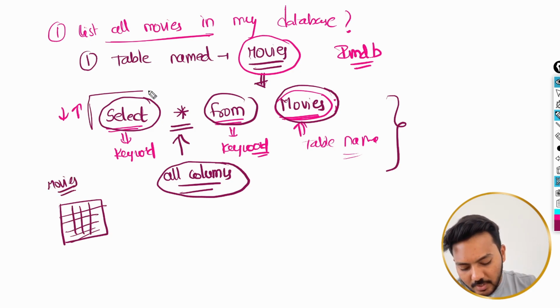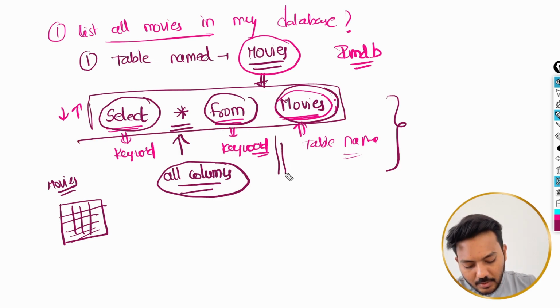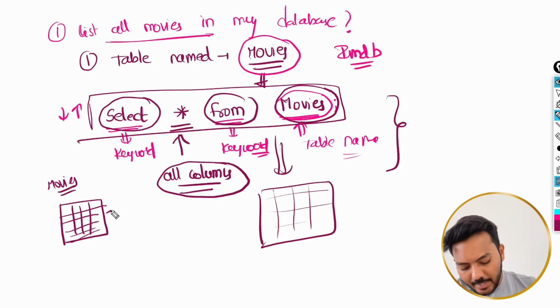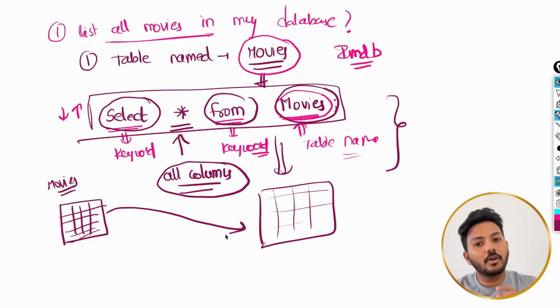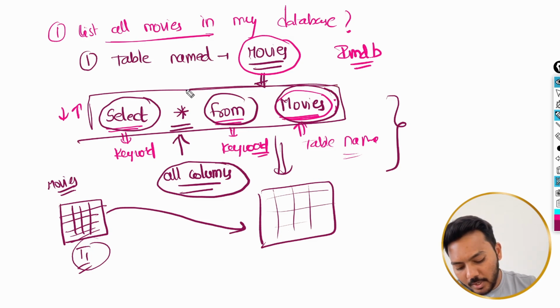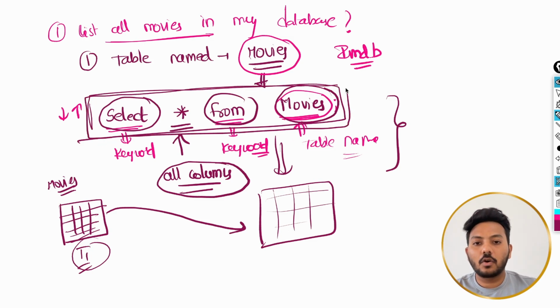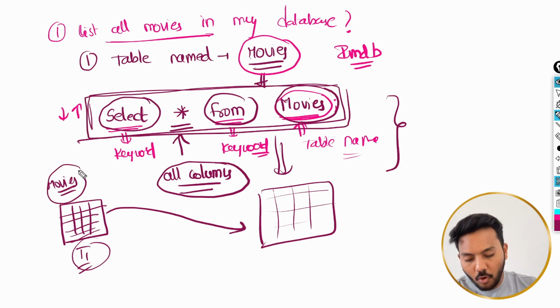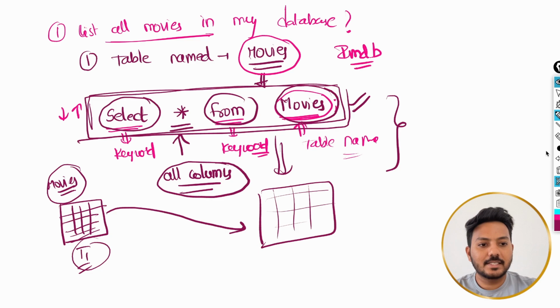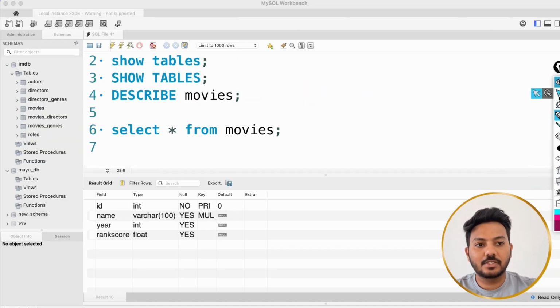What this will do is return another table in which it will print all the records for all the columns inside your original table. So we are saying I want to retrieve all the records that are present in my table called movies by using this statement, select star from movies. Hopefully that is clear. Now let's execute this and understand in detail.